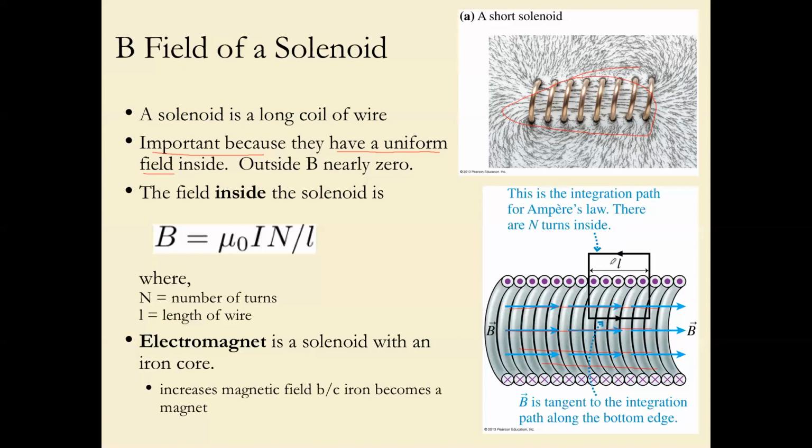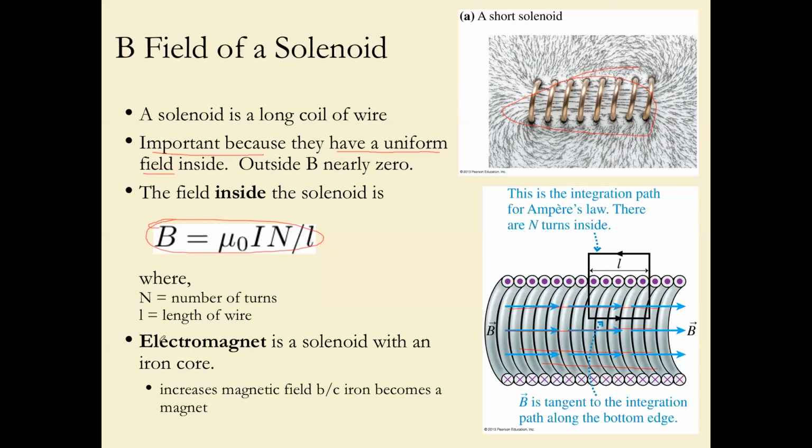From here, when we do the calculation, we will see that outside it is equal to 0, but inside, the magnetic field will be equal to mu0 times current times n, the number of turns, divided by L, which is the length of the wire.